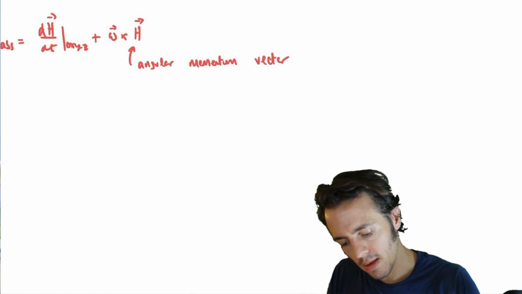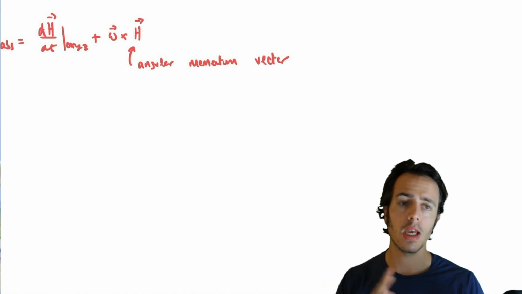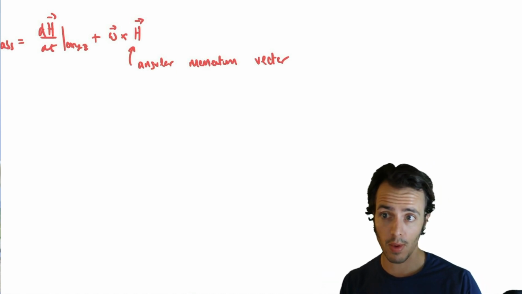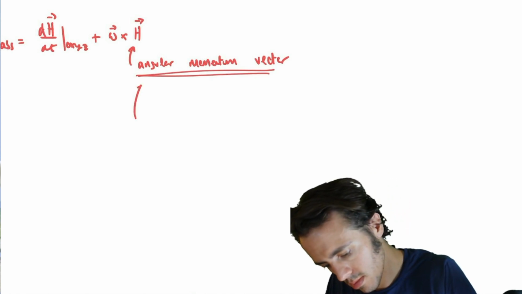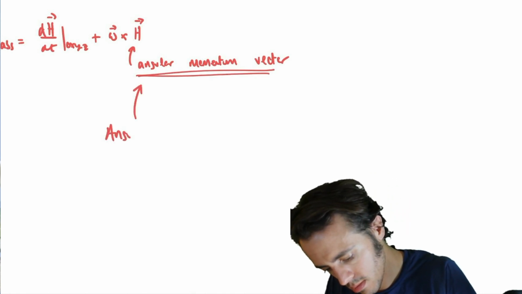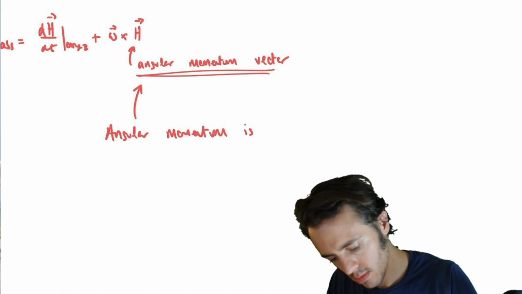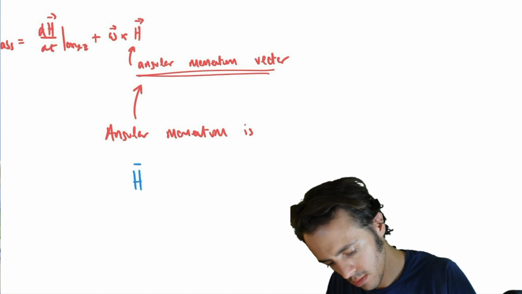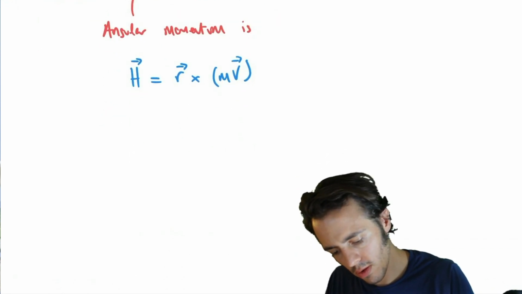So the angular momentum vector, how do we get angular momentum? Well, it's related to the linear momentum and the distance away from the center of rotation. Okay, so we've got three things here.